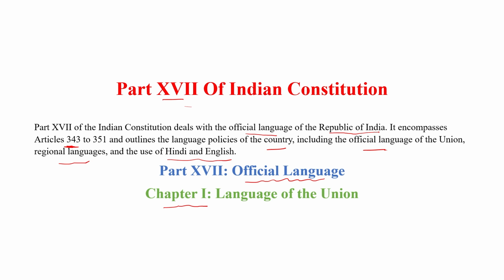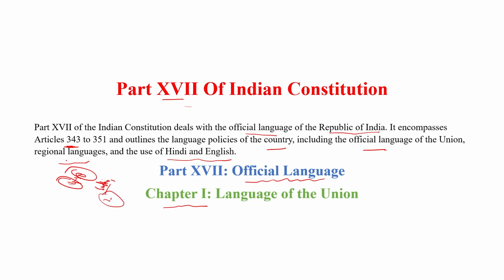Previously, in the original constitution, there were 14 official languages. Later, 8 official languages were added by amendment, including Sindhi, Dogri, Maithili, Santali, and Nepali. At present there are 22 official languages.